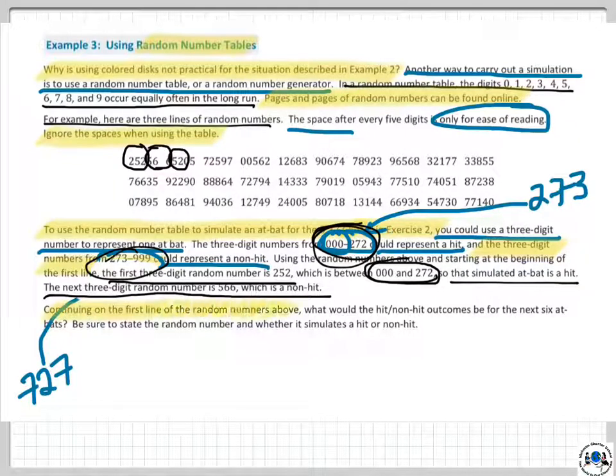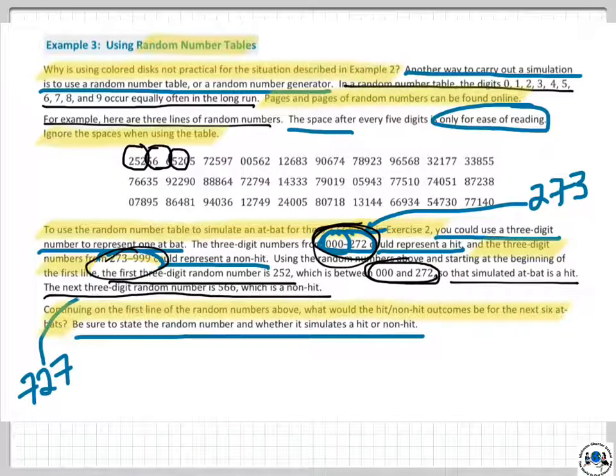What would the hit, non-hit outcomes be for the next 6 at-bats? Be sure to state the random number and whether it simulates a hit or non-hit. For example, the first one was 2, 5, 2, so put that and then put hit.